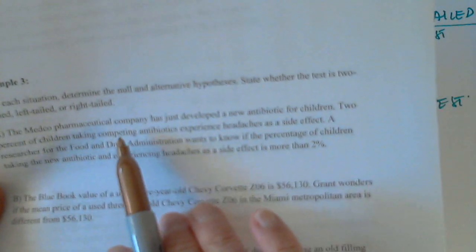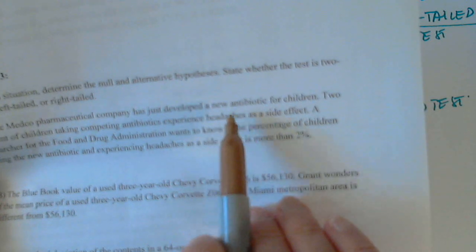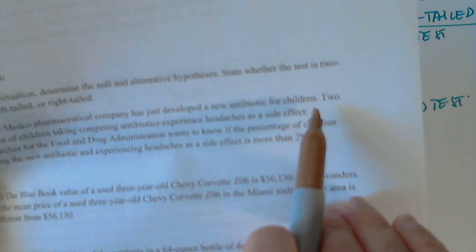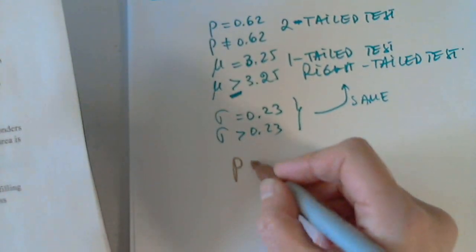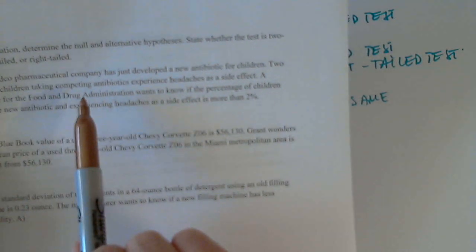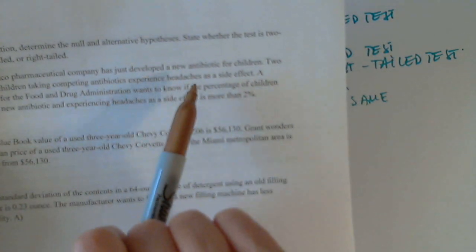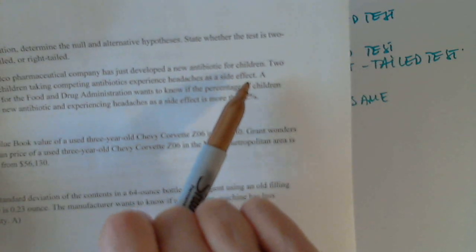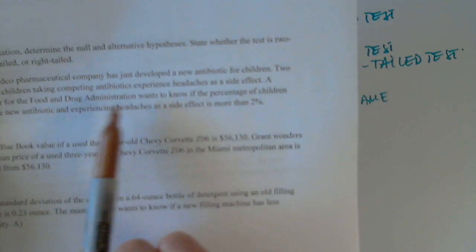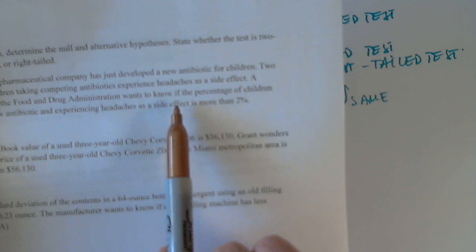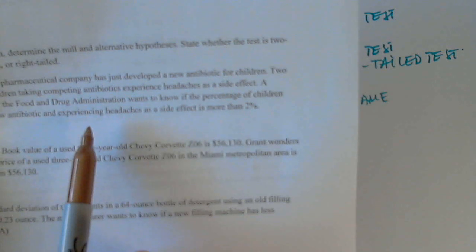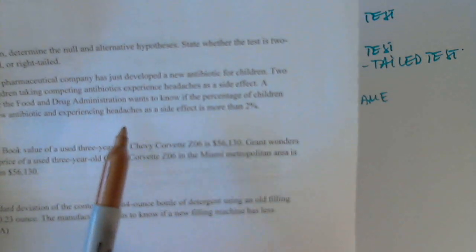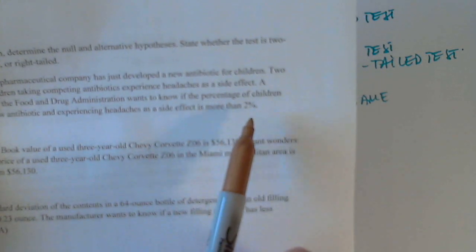The Medco pharmaceutical company has just developed a new antibiotic for children. 2% of children taking competing antibiotics experience headaches as a side effect. A researcher for the FDA, Food and Drug Administration, wants to know if the percentage of children taking the new antibiotic and experiencing headaches as a side effect is more than 2%.